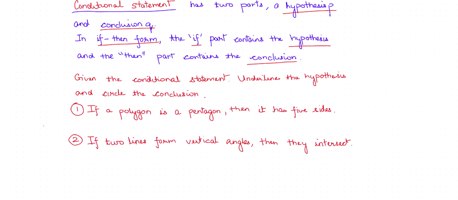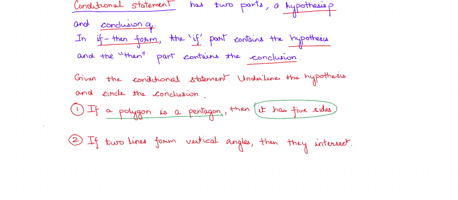So underline the hypothesis. The hypothesis is a polygon is a pentagon, and circle the conclusion. The conclusion is it has 5 sides. Okay, because the if part contains the hypothesis and the then part contains the conclusion.